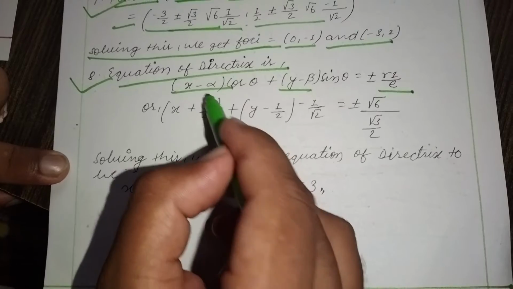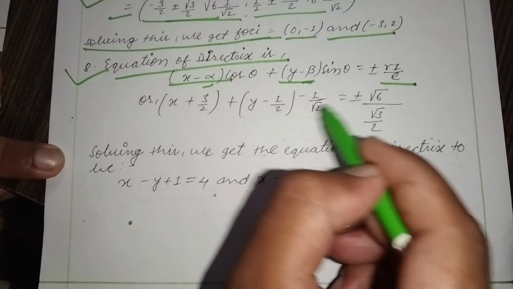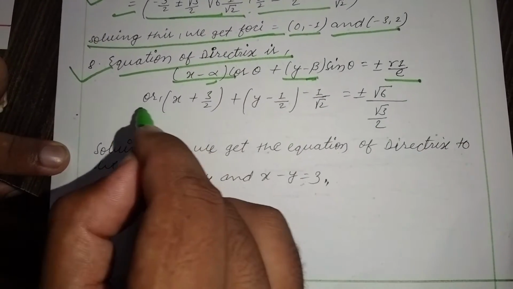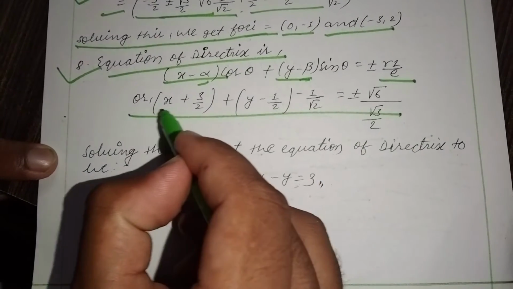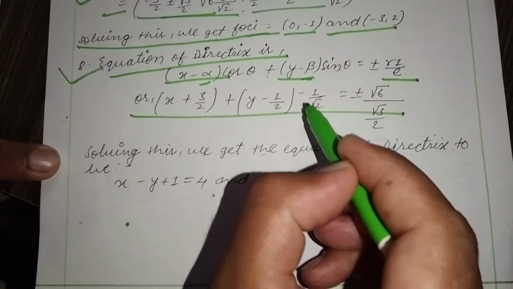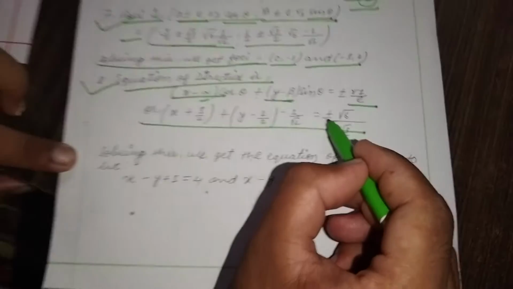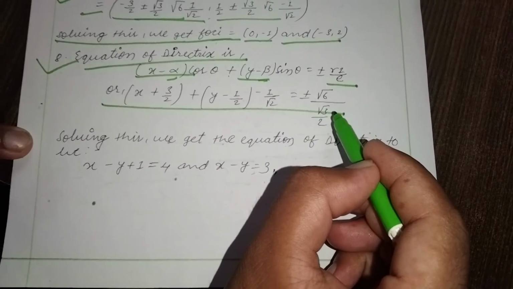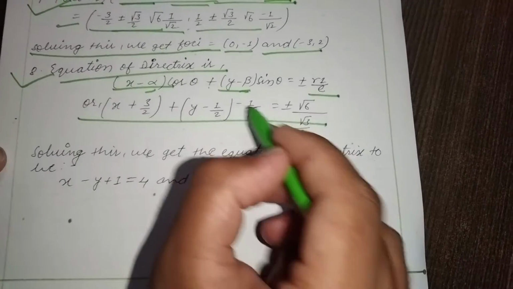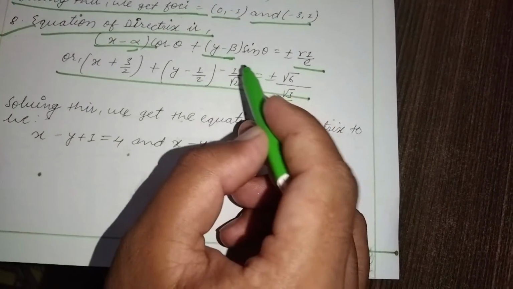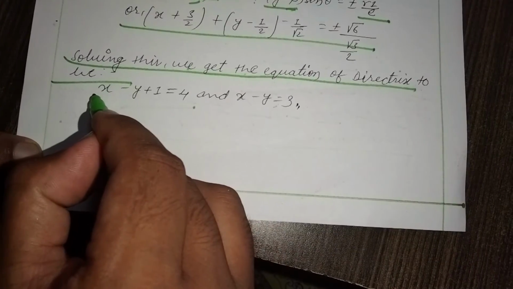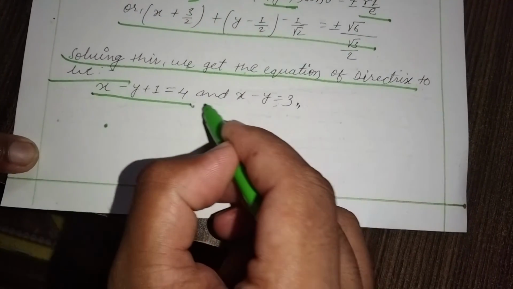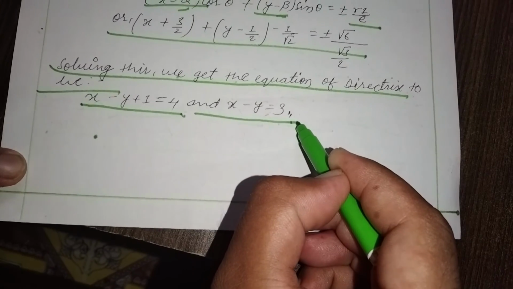Now putting the values of alpha, beta, r1 and e in this equation and solving, we get the equation of the directrix as x − y + 1 = 4 and x − y = 3.